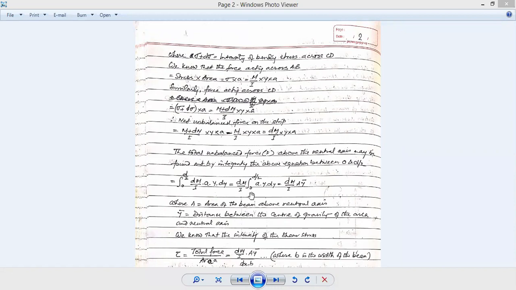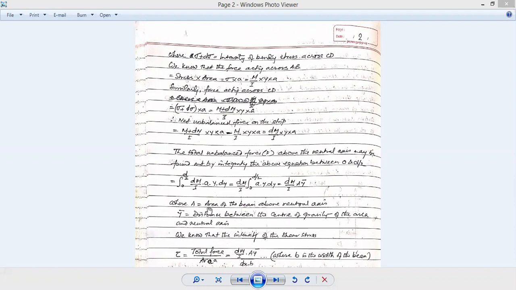So integration is being done from 0 to d by 2 for the product a, which is the cross-sectional area of the strip, y, the distance from the neutral axis, and dy is our variable of integration. So this becomes dM by I into the integral of a y dy. A is the cross-sectional area above the neutral axis, not the total cross-section of the beam, because the neutral axis is at the center of the beam.